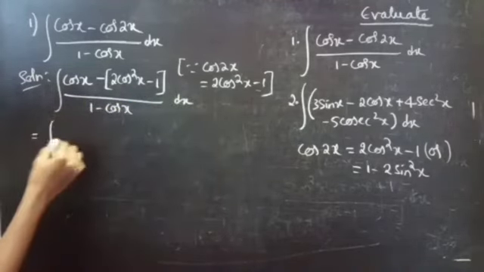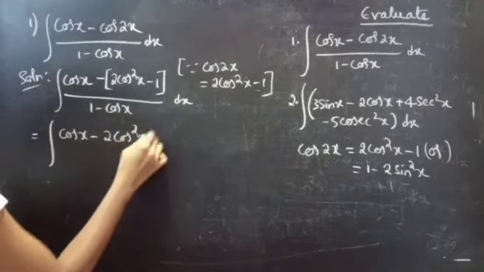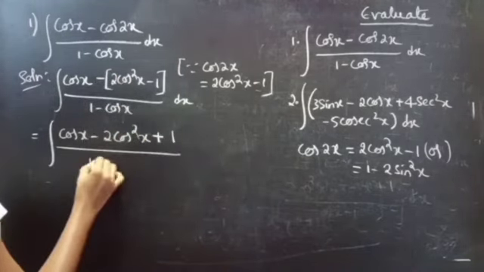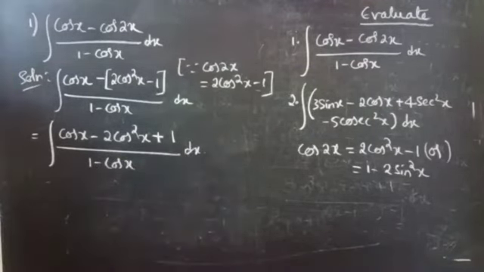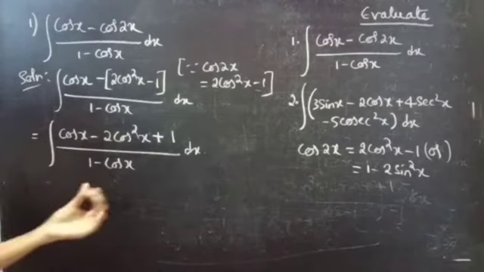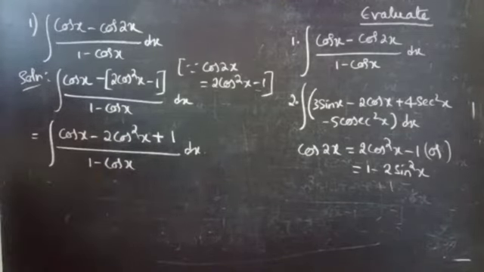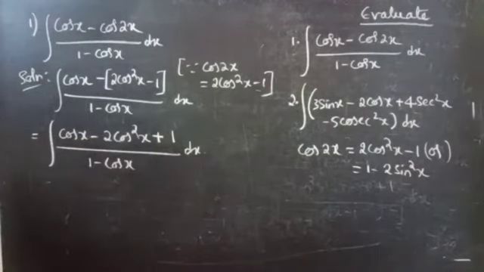So this equals integral of cos x minus 2 cos square x plus 1 by 1 minus cos x into dx. Okay, so here in order to reduce the complexity of the problem, we are going to cancel the denominator 1 minus cos x by making some changes in the numerator and denominator.